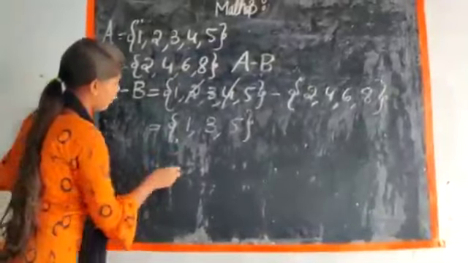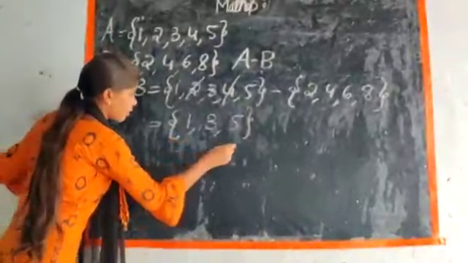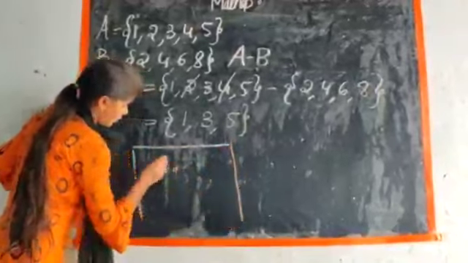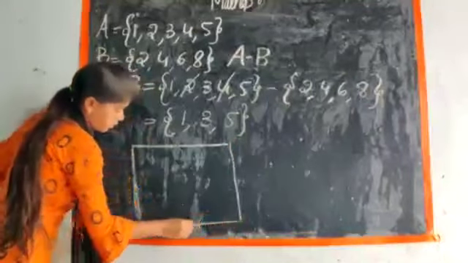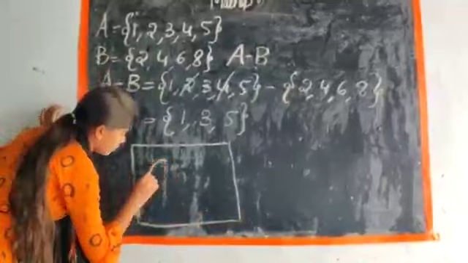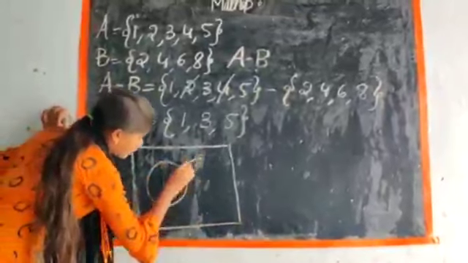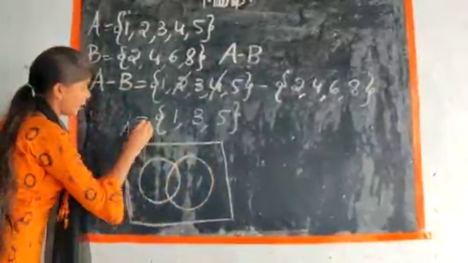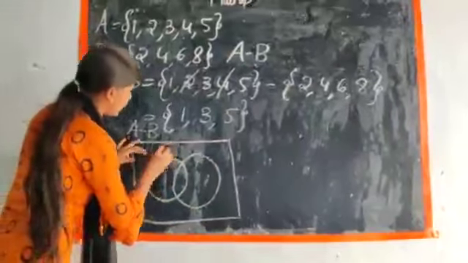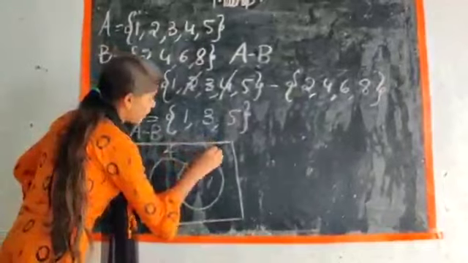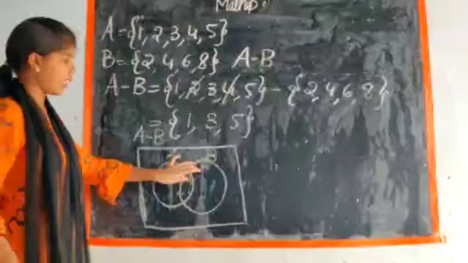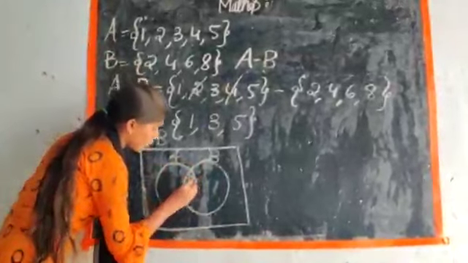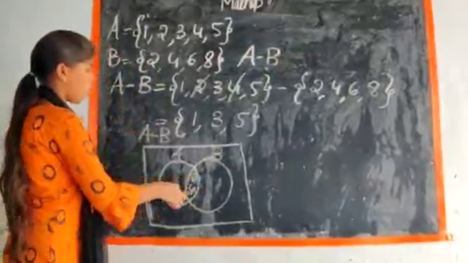So the Venn diagram for this required set, A minus B, is: this is A, this is B. We have to mention them compulsorily. We write 2, 4, the common elements, in the common place.